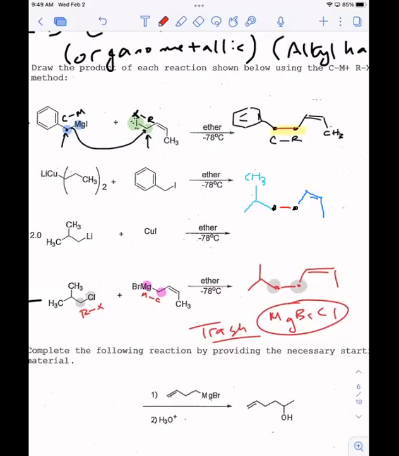In this, I try to simplify it: whatever carbon is bound to the halogen, that's the reactive site. Everything else is just a substituent attached to that carbon. But the reactive site is where the halogen is. So that's where the reaction is going to take place between that carbon and the carbon of the organometallic.